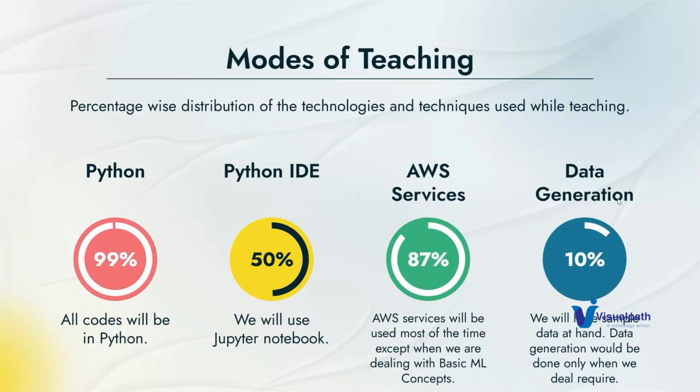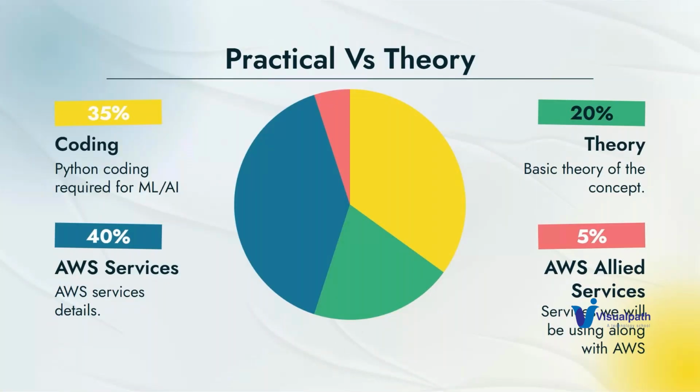How are we going to divide this entire thing? Most of the course, around 35%, would be in coding. Almost 40% would be focused on AWS services. Only 20% is theory, specifically related to basic concepts of either the AWS services or the actual ML concepts.